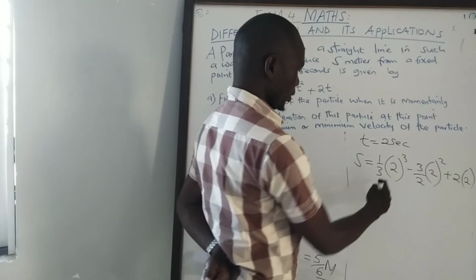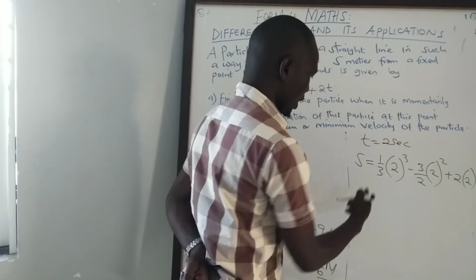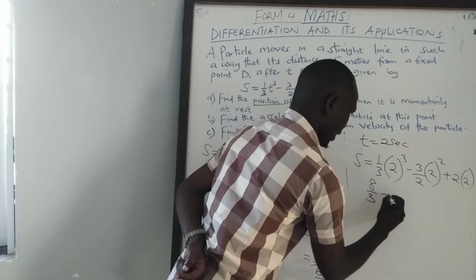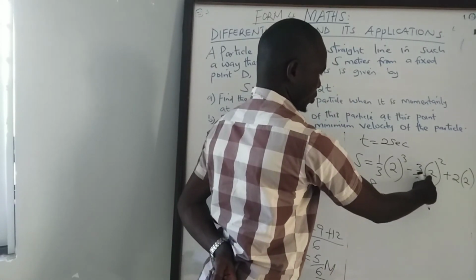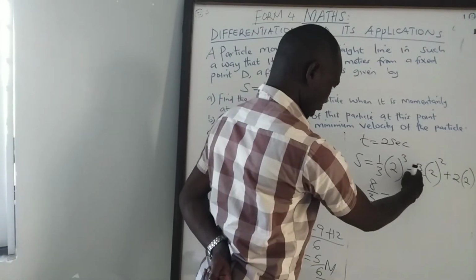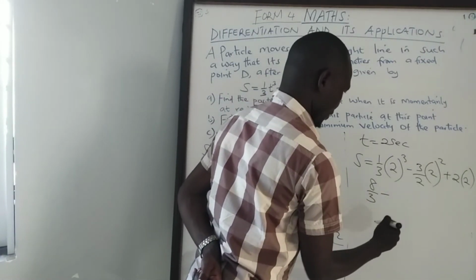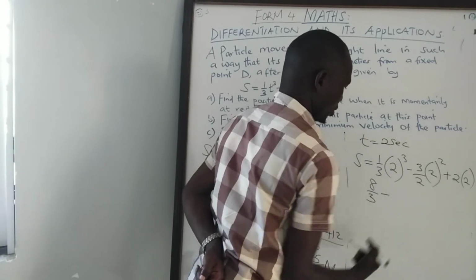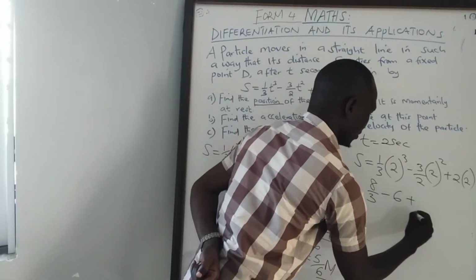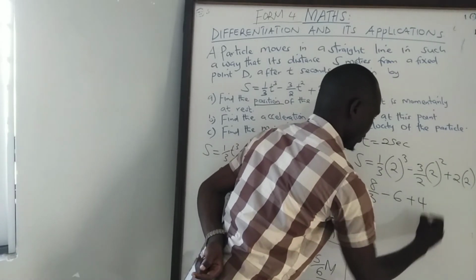From here we know 2 power 3 is 8. 8 times a third will give us 8 over 3. Then minus, we have 2 squared is 4. Then negative 3 over 2 times 4 will give us such that 2 goes to 4 2 times. Then 2 times 3 will give us minus 6, plus 2 times 2 is 4.